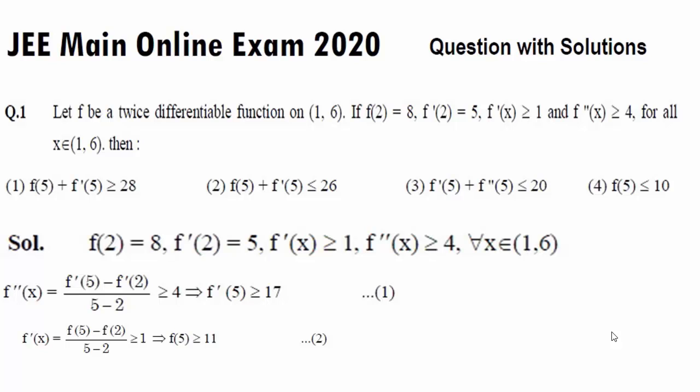This is equation 2. From equations 1 and 2, f'(5) + f(5) ≥ 17 + 11, that is 28. Thus, the answer is f'(5) + f(5) ≥ 28, and hence the correct option is 1.